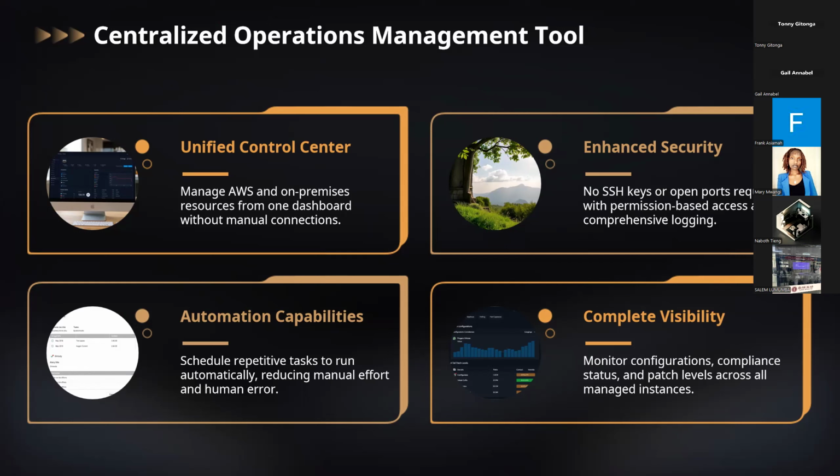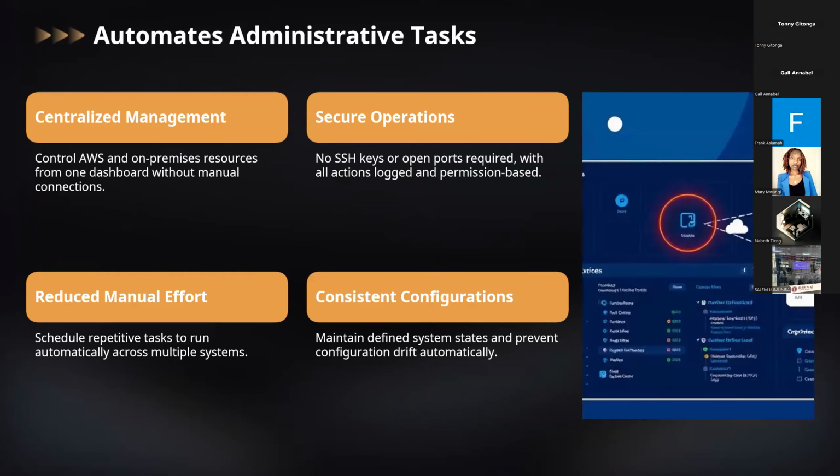We can just log in without SSH, but it is still secure. We are going to cover that later. Complete visibility: it lets you monitor your dashboard. You see everything. Next, it automates administrative tasks. Those are the tasks of the system administrator, as we covered right now. Centralized management controls AWS and on-premises resources from one dashboard without manual connections.